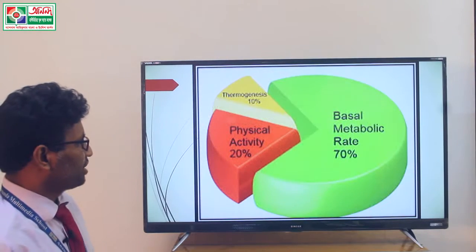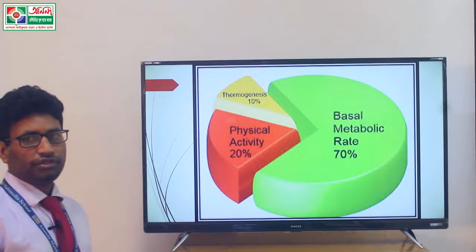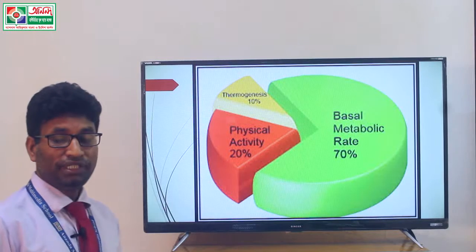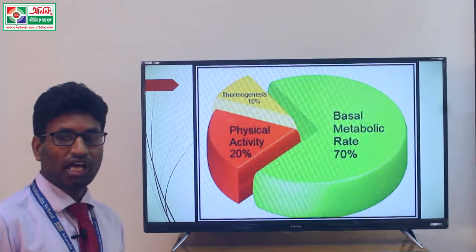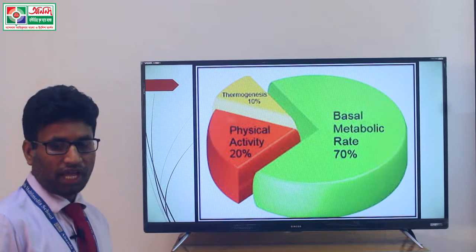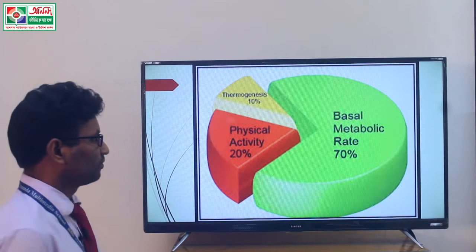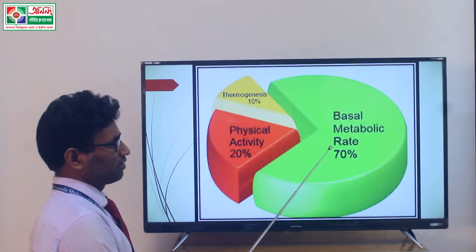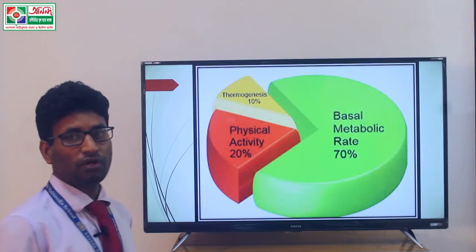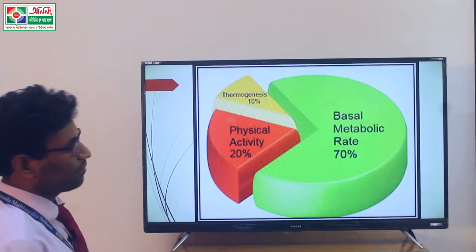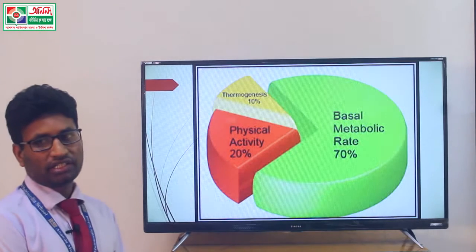This is the pie chart of BMR and BMI. We know that BMR and BMI are completely related with our healthy body and to avoid obesity. We know that the full form of BMR is basal metabolic rate. We can get 70% of energy from BMR.